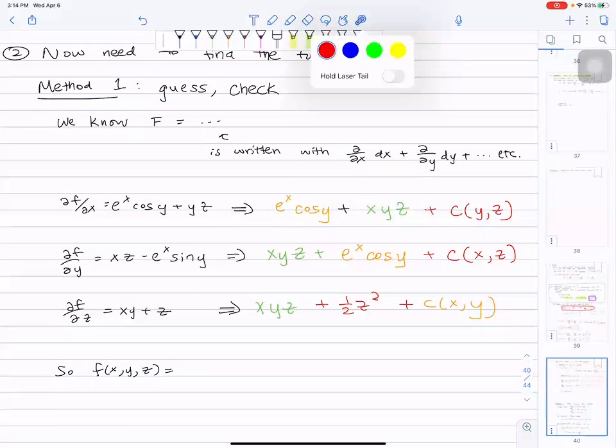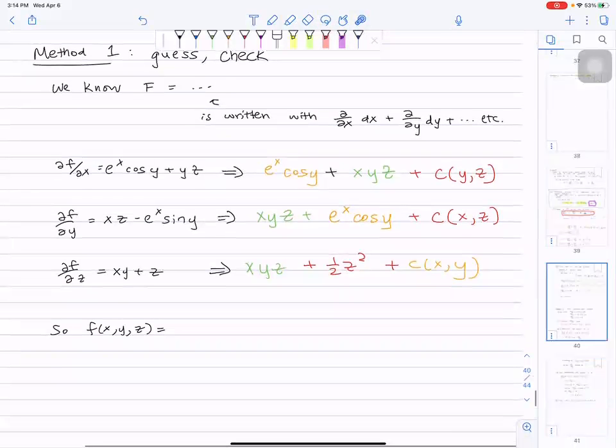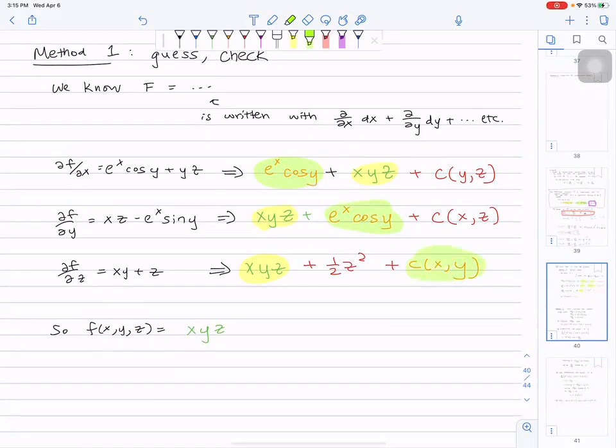Let's look at the patterns. No matter what, this xyz always shows up. So we know xyz has to be in our potential function, our original function, that way when we take the partials, we see it show up. We also see the e to the x cosine y. That means this orange one should be e to the x cosine y.